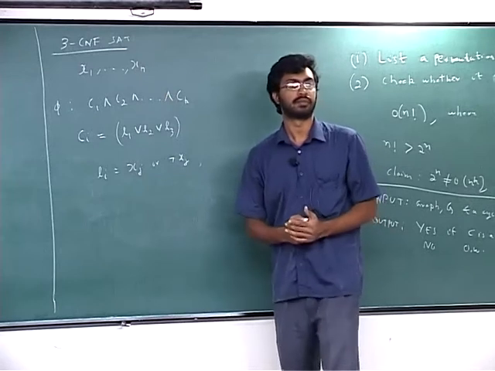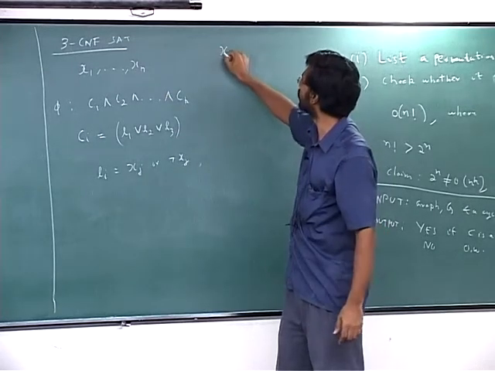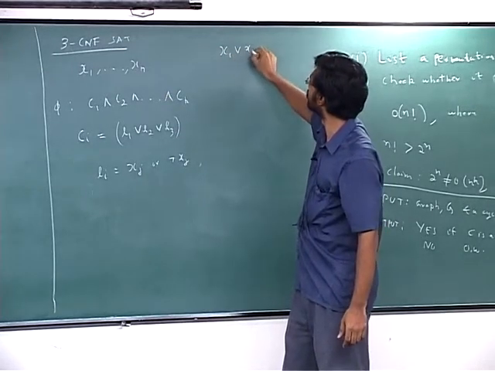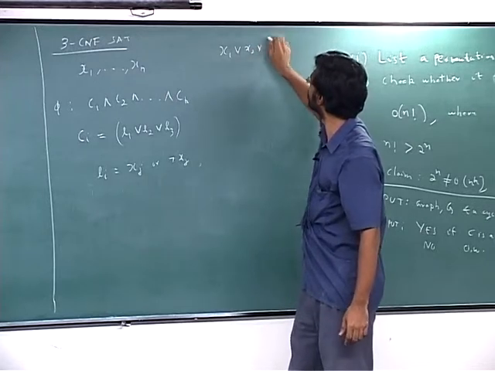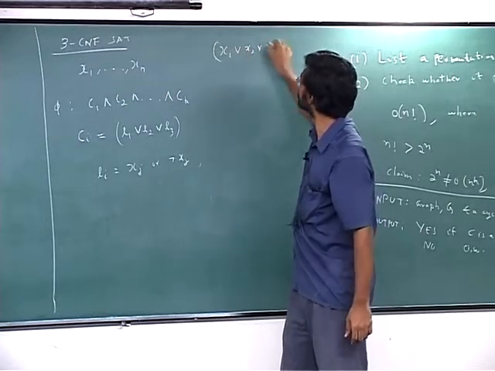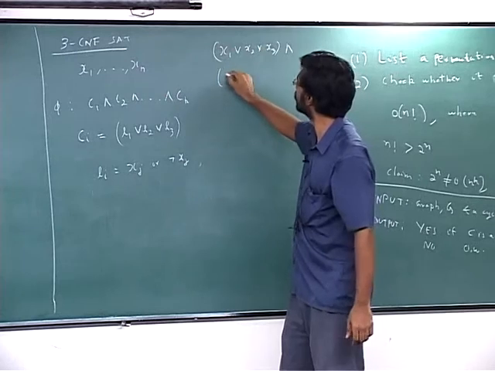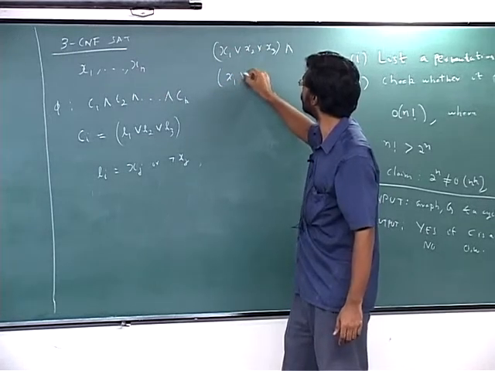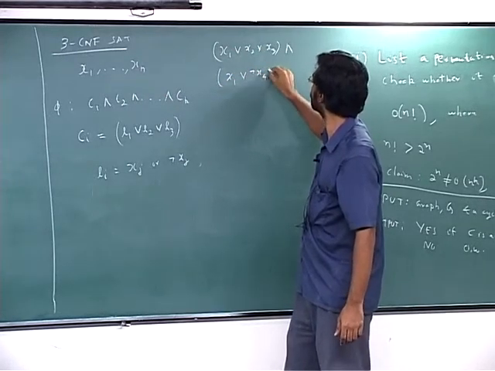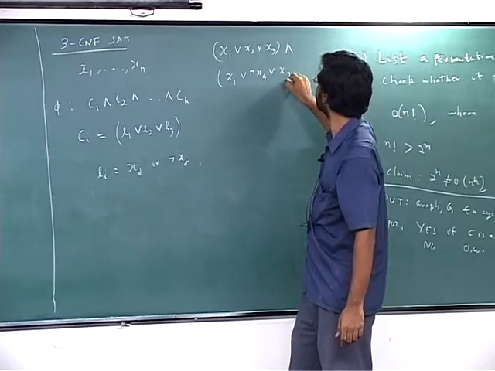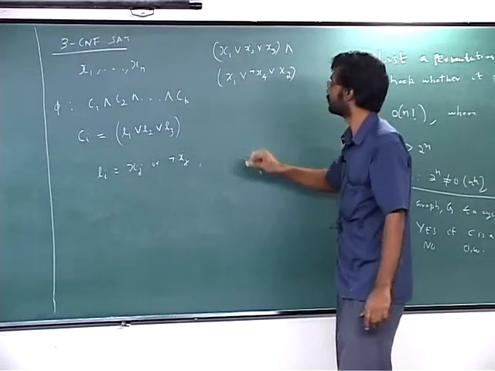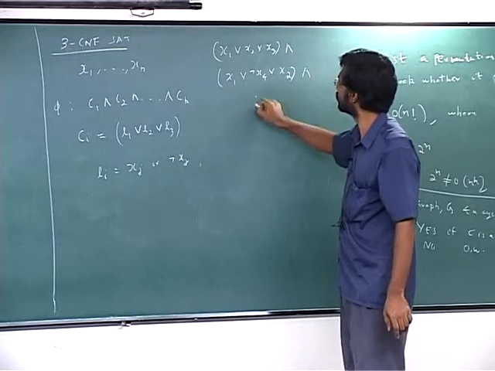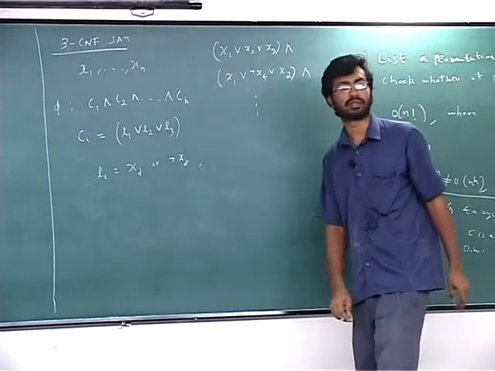So for example, a formula like x1 or x2 or x3 and x1 or negation x4 or x2 and something like this.